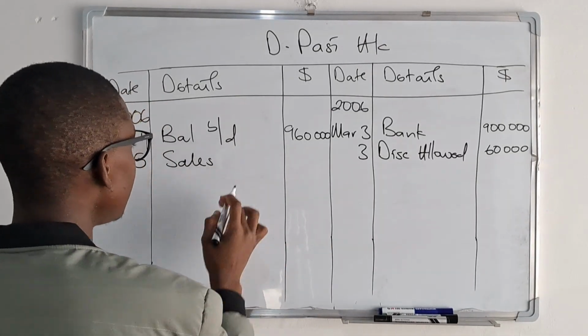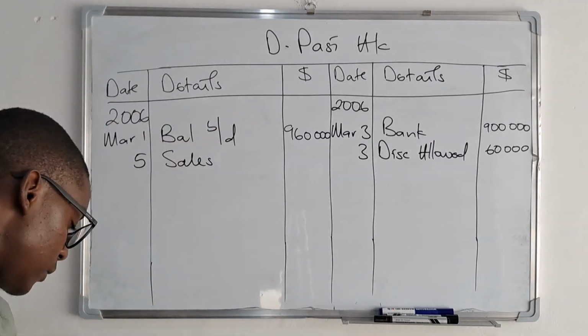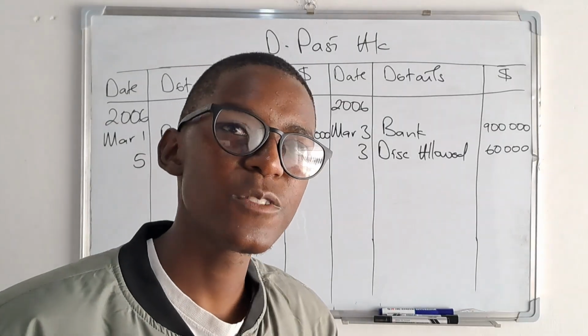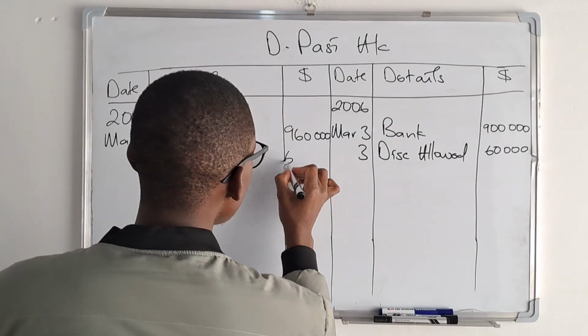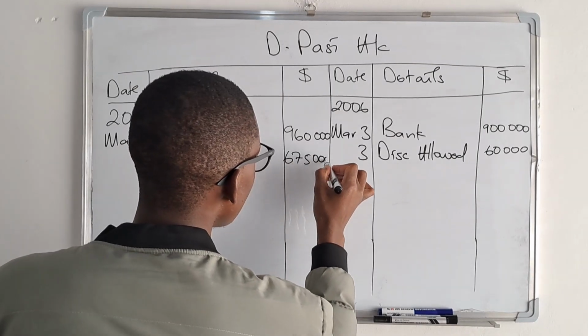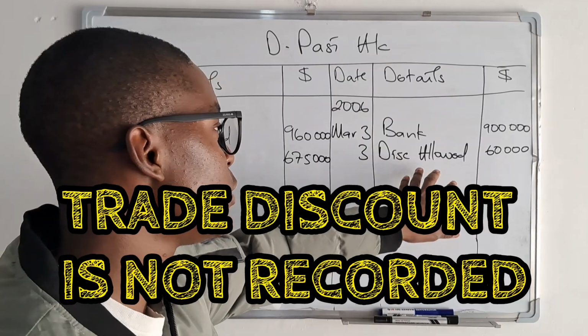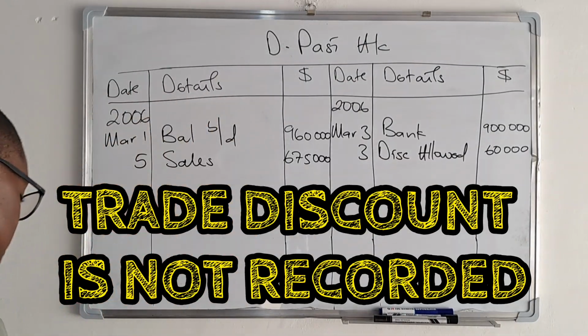You're going to say 750,000 times 10% gives 75,000. Then 750,000 minus 75,000, your balance will be 675,000. Don't ever tempt yourself to record trade discount on this side. We just record discount allowed. We don't record trade discount in the books of account.